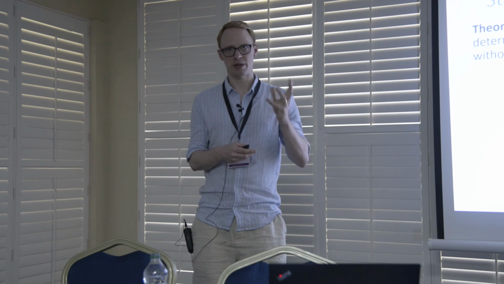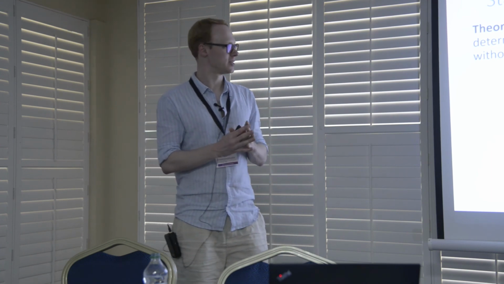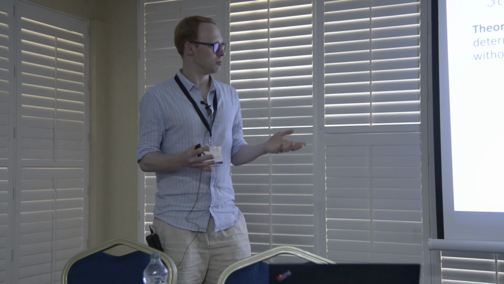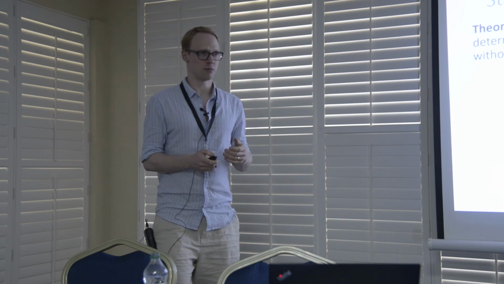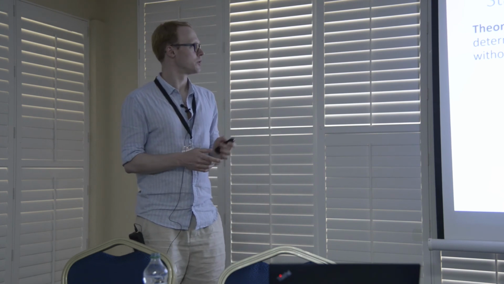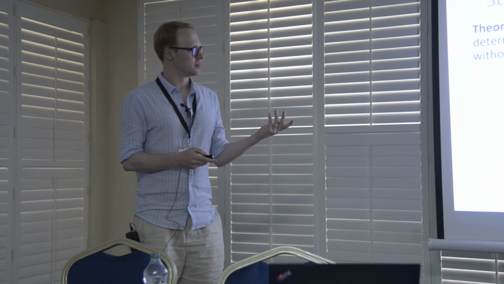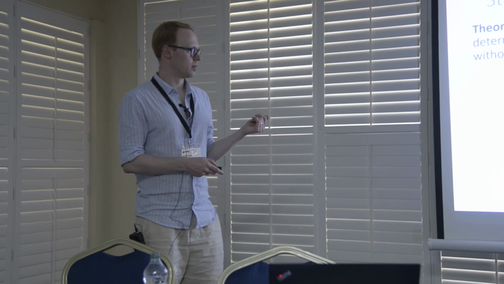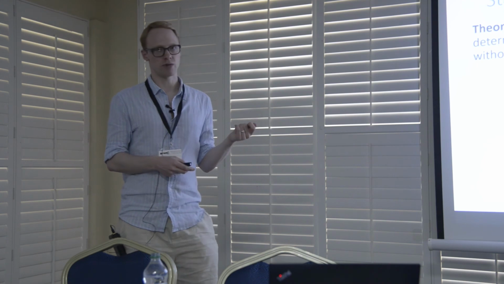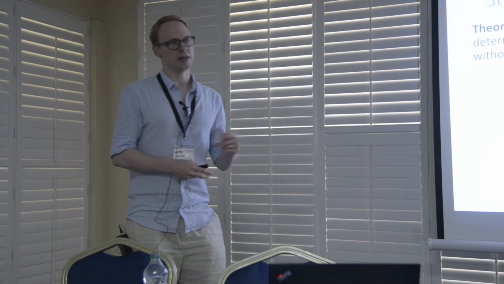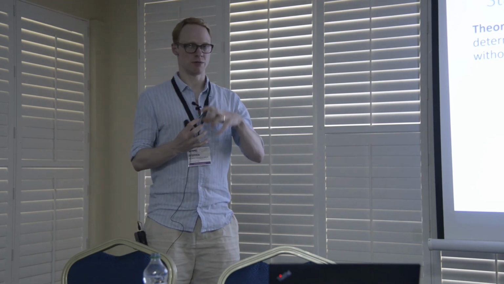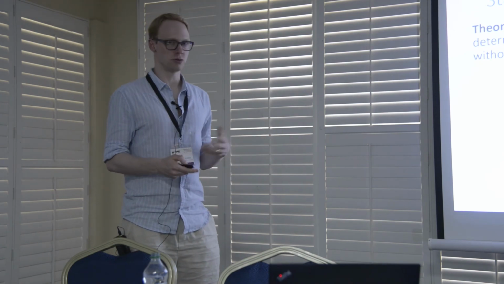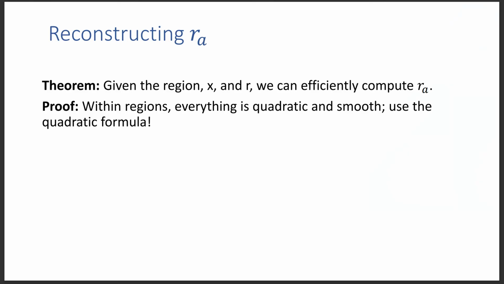This requires a little bit of thought, but it's doable, and it can also be done pretty efficiently. And once we know that, the equation that computes RA from these two other variables is smooth. And it's only quadratic, so once we plug everything together, we can solve a quadratic equation using the quadratic formula, and then we're done. And this is this theorem. So given the region, x and r, we can efficiently compute the anchor point.